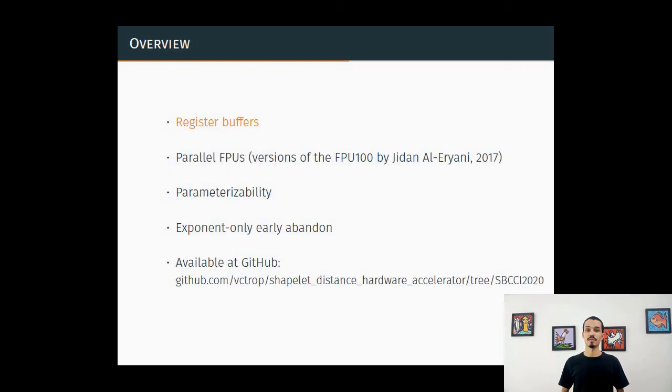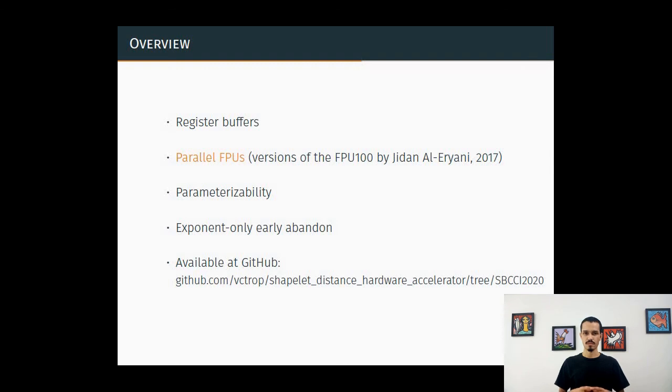Now I'll summarize some of our design choices. First of all, since we will always be dealing with two shapelets, one target and one pivot, we first load these shapelets into the chip and keep them in register buffers. Then we will proceed computation with parallel floating point processing units.